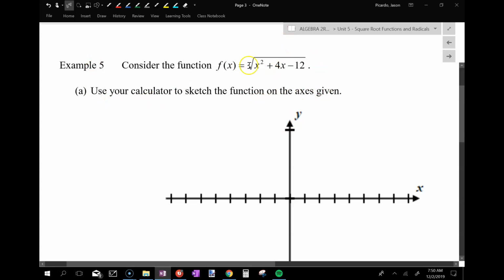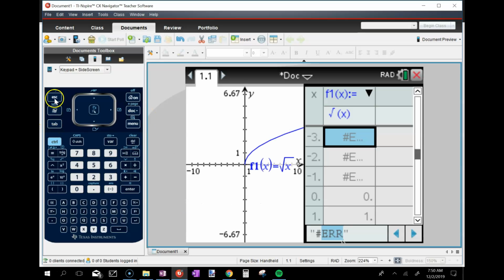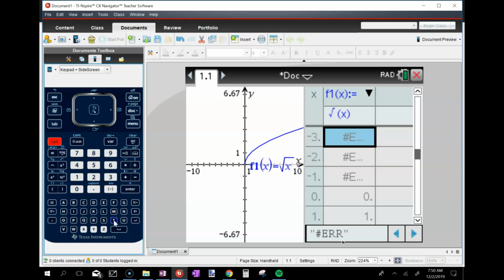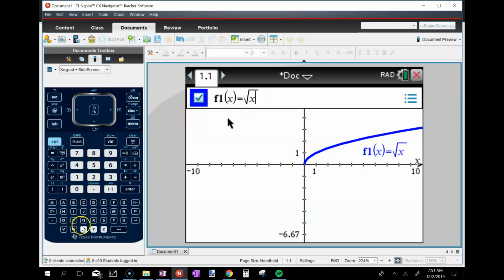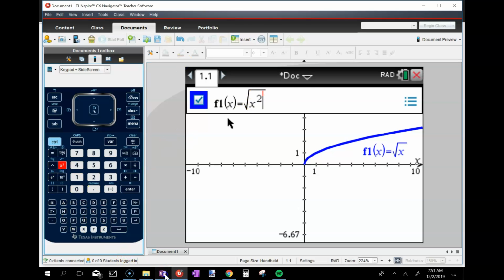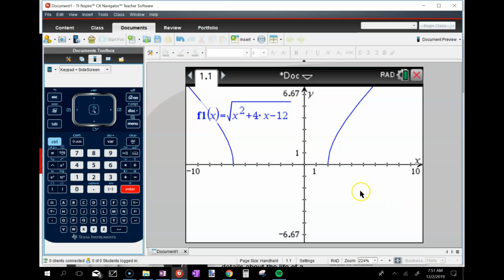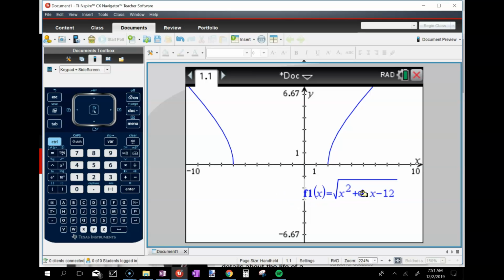Use your calculator to sketch this on here. All right, so I have radical x squared plus 4x minus 12. Boom. Weird, right?